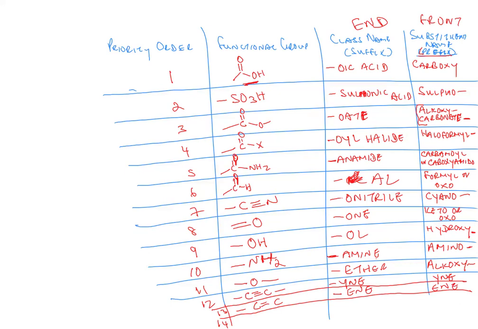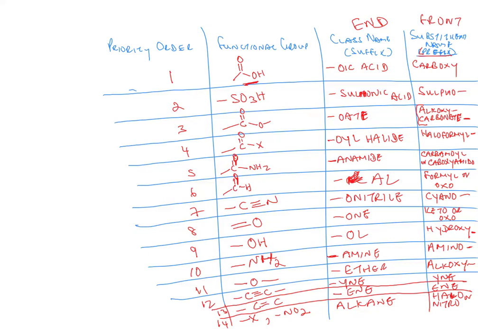And then if we have what we talked about, X or NO2, the suffix remains as if it is a hydrocarbon, alkane. We don't change anything, and the prefixes we call either halo or nitro. Halo or nitro depends on whether it is an X, then halo. If it is NO2, nitro. Okay, just remember.